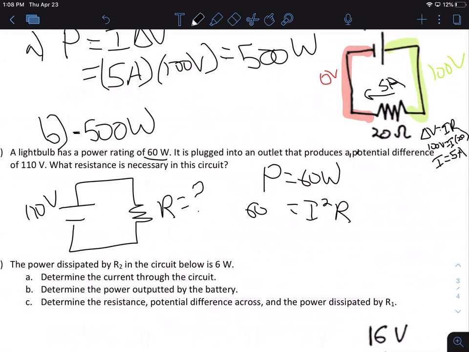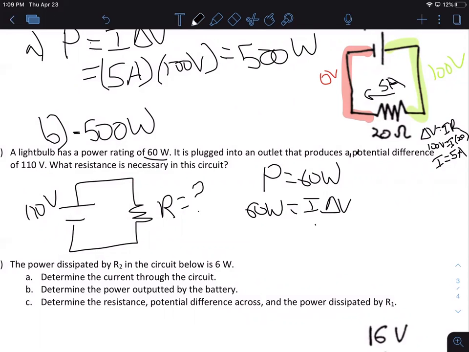So 60 watts equals I squared R. Oh, that doesn't tell me what I want. I've got to back up to I delta V. The reason I have to do this is I don't know the current or the resistance, but I do know the voltage. The voltage that the battery is giving has to be the same that this resistor takes away, because it's just one resistor and one battery.